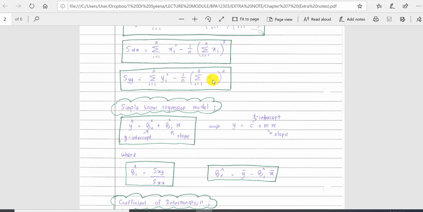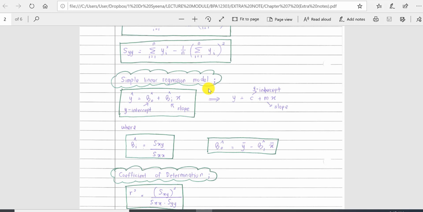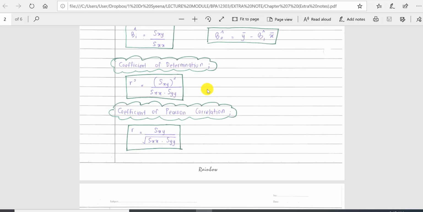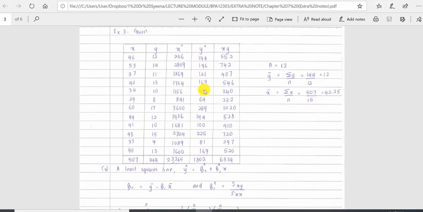Okay, so now we look at the example. Let's say you are given the data of x and y. We have 12 data of x and also 12 data of y.